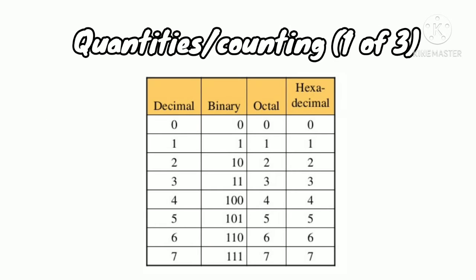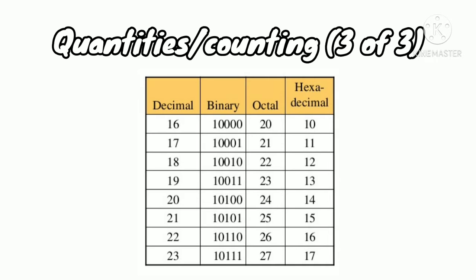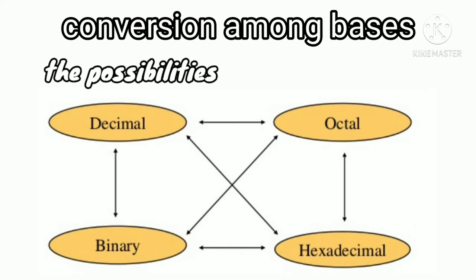Let's have a look at the quantities shown in the table given below. Here we can see a few more quantities. Here are the possibilities of conversion among bases: decimal to octal, octal to decimal, decimal to binary, binary to decimal, binary to hexadecimal and hexadecimal to binary, and also decimal to hexadecimal and hexadecimal to decimal, then binary to octal and octal to binary.